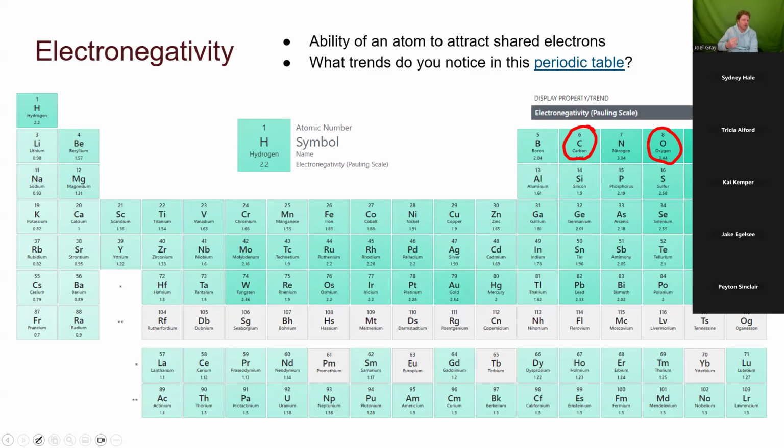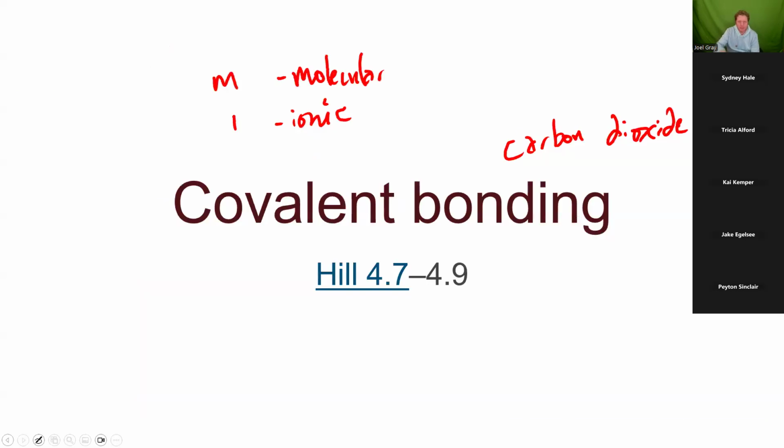Do they make an ionic compound or a molecular compound? Add an M for molecular or an I for ionic. I'm seeing an M. The responses I'm getting are kind of split there. So if we have carbon dioxide, yeah, covalent. I'm going to add that. Thank you.